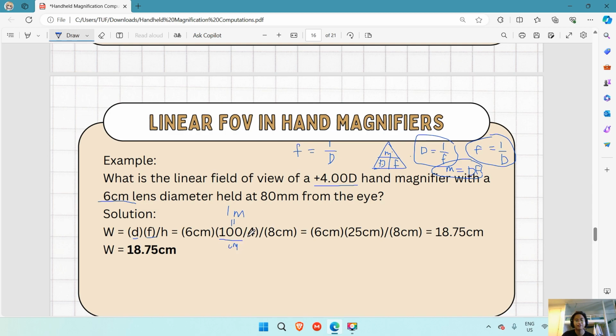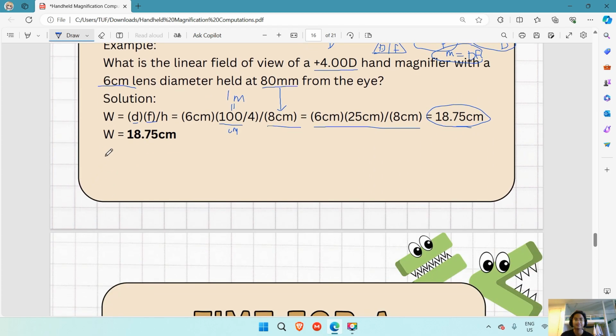So, 100 over 4 D, and then divide it by 8 centimeters. Where does the 8 come from? It is the distance of 80 millimeters, which is equivalent to 8 centimeters; you just have to divide by 10. So we simplify it, and eventually you'll get an answer of 18.75 centimeters.